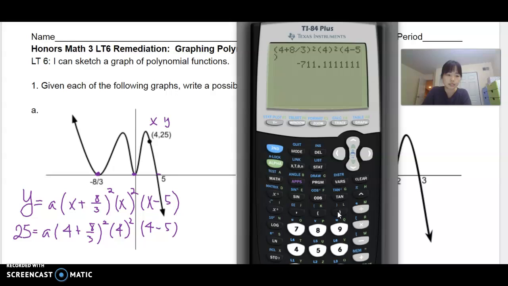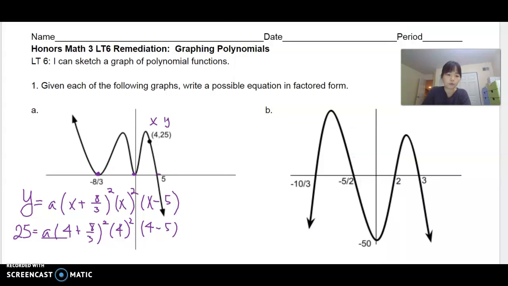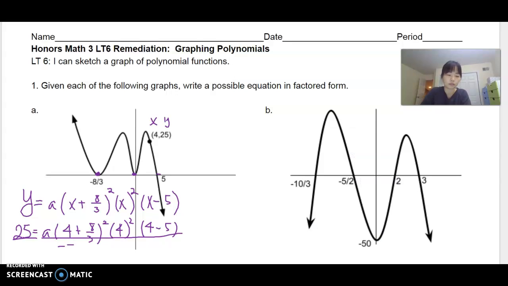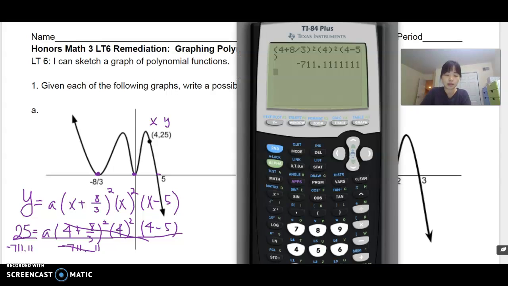Okay, it's that number. But you know how we're going to divide it by, what was it, negative 711.11, to find out what a is, right? Because then these would cancel out. So I'm just going to keep that the way it is. Then I'm going to do 25 divided by the answer on my calculator.